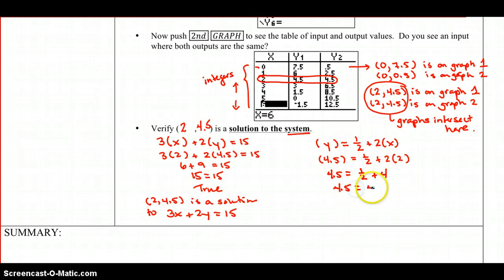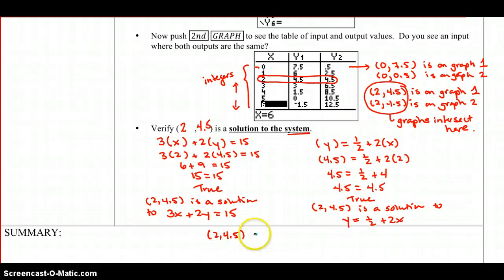So 4.5 equals 4.5, which is true. So we know that this point, 2, 4.5, is a solution to the second equation, y equals 1/2 plus 2x. So since it's a solution to both equations, we know that 2, 4.5 is also a solution to the system.